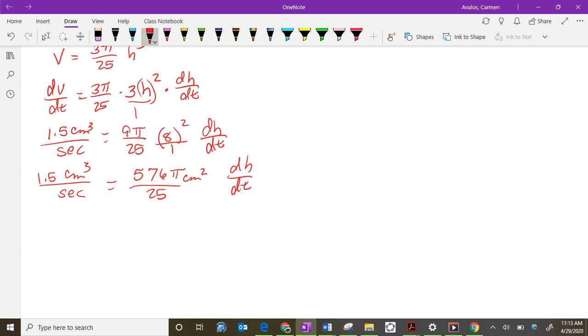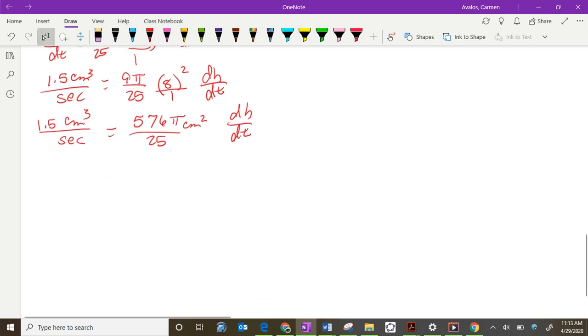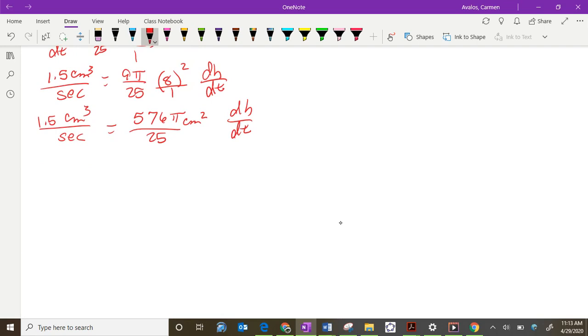And then because this is a coefficient multiplied to dH dt, we are going to multiply by its reciprocal, since they're both fractions, over second times 25 over 576 pi centimeters squared is equal to dH dt. And then notice how this cancels.